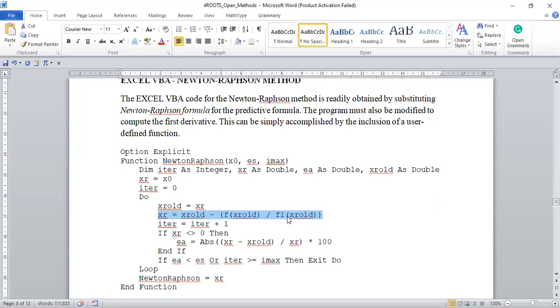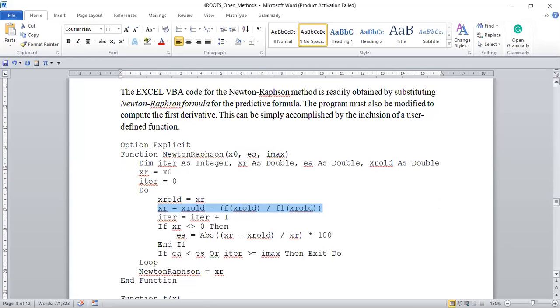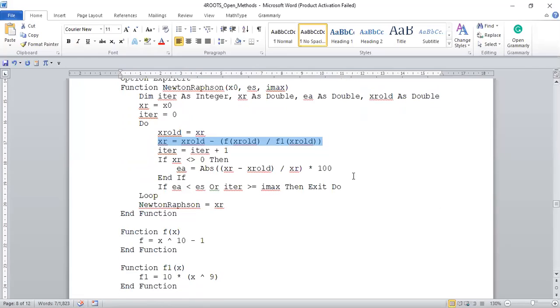Everything is still the same. It's just this line that is different, and you need to calculate f of x, then you need to calculate the first derivative. This is f of x, and this is the first derivative.